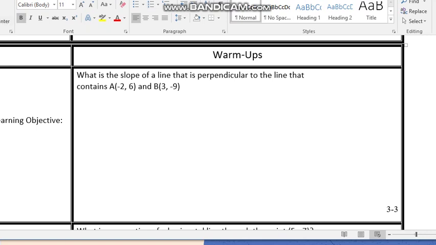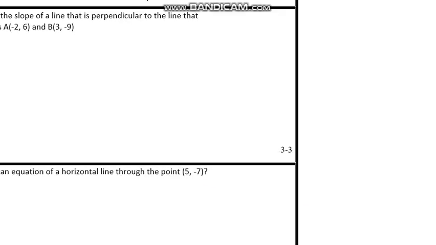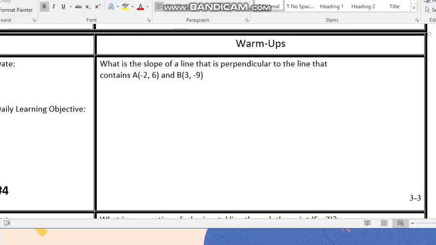So we want to find the slope of a line that is perpendicular to the line that contains points A and B. That means first we need to find the slope of this line. So remember, if we want to find the slope of this line, we use our slope formula.